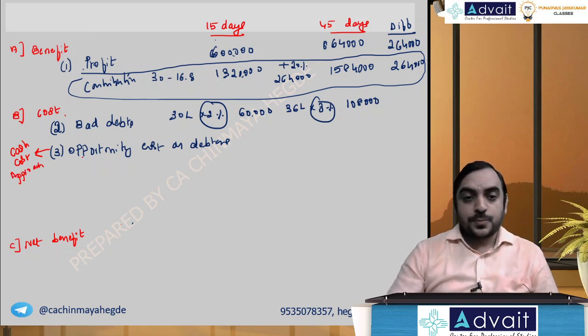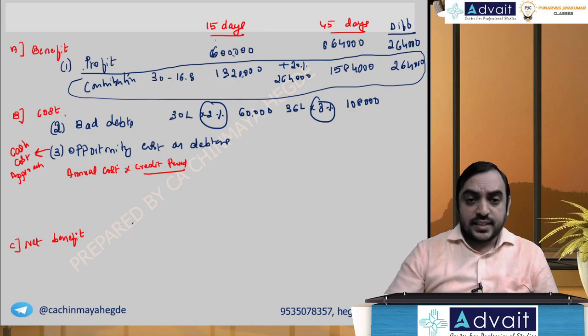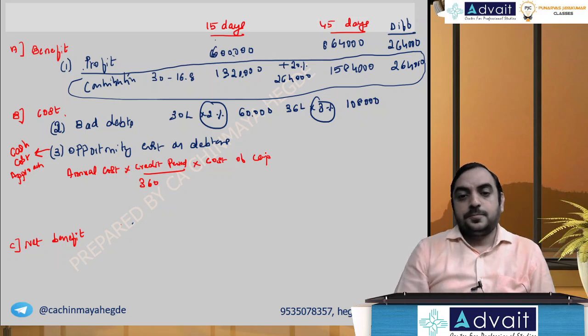So the formula is annual cost multiplied by credit period, divided by 360 days, multiplied by cost of capital, whatever the percentage, the opportunity cost.